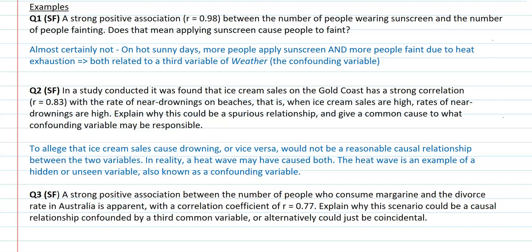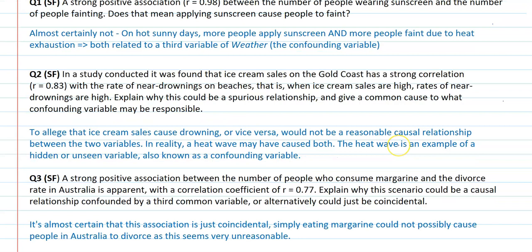Press pause and write down your analysis of the scenario. Checking in, I said it's almost certain that this association is just coincidental. Simply eating margarine could not possibly cause people in Australia to divorce. This seems very unreasonable. Unless one of the couple consistently ate the last of the margarine and didn't replace it, maybe that could be the cause of the fights that led to divorce. But this is hardly likely.